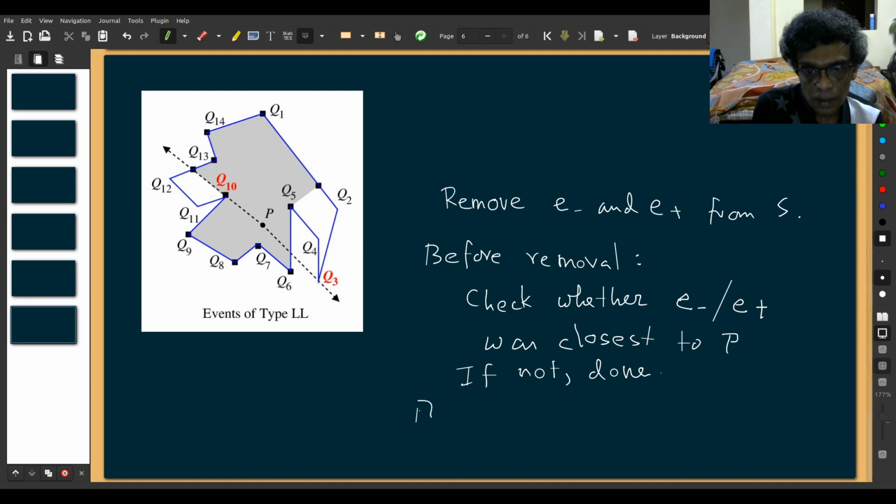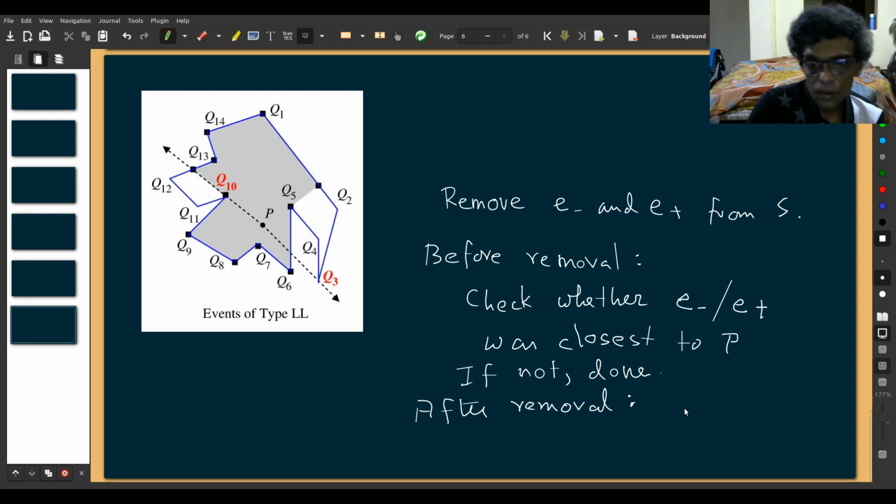Otherwise, after removal, you find the closest edge and the intersection of the ray, the current position from P via Q10, and wherever this intersects, this point and this intersection point you output.